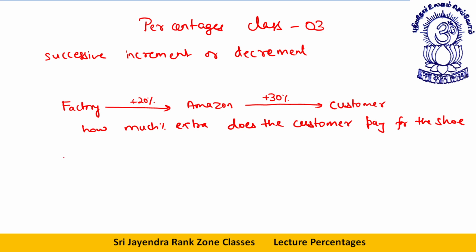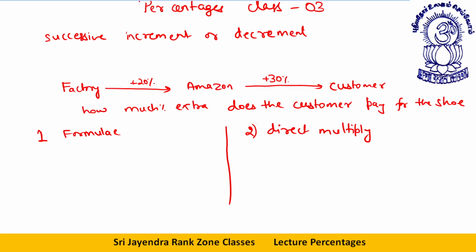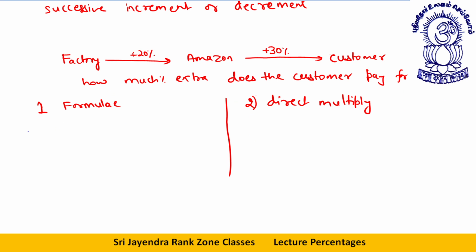Let's see how to deal with these sorts of questions. There are two ways. First, there is a formula. Second approach is direct multiply. The formula-based approach says apply the formula A plus B plus AB by 100.